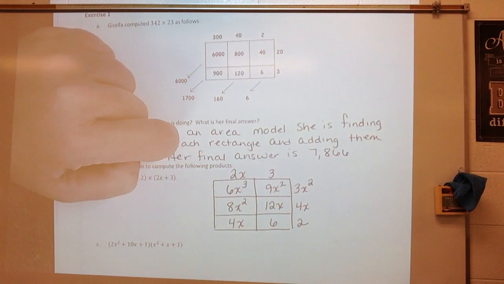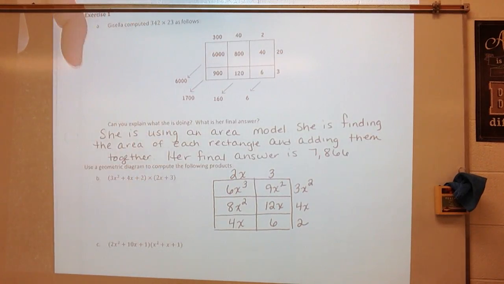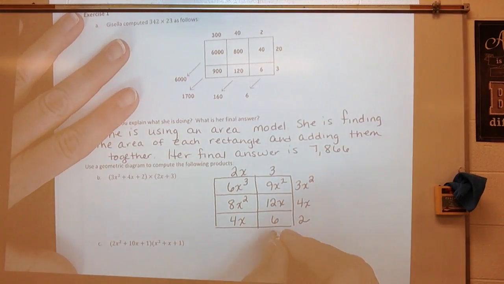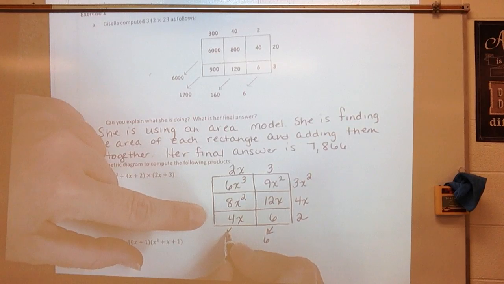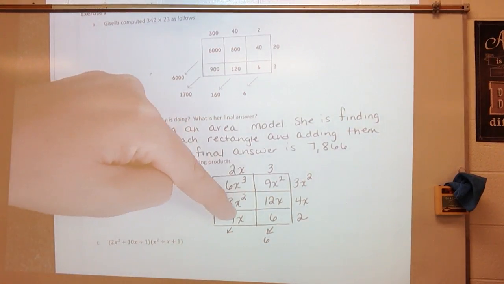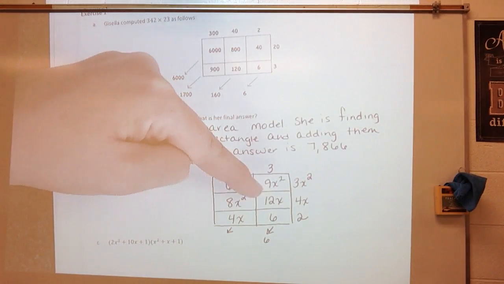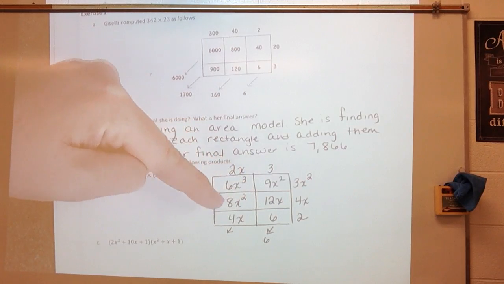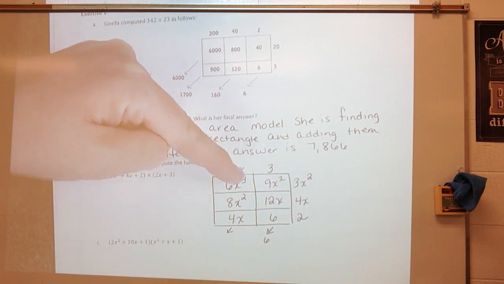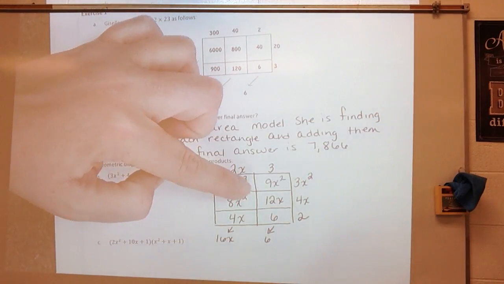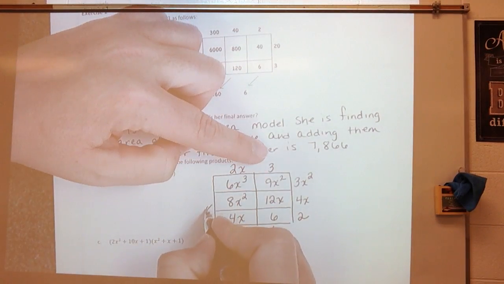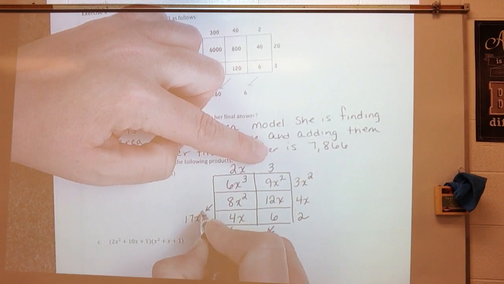And now I can add those together. Alright, so here I've got my diagonal here, that's 6. And guys, this is just a matter of adding together like numbers. So 4x and 12x can be added together. 8x squared and 9x squared gives me 17x squared.